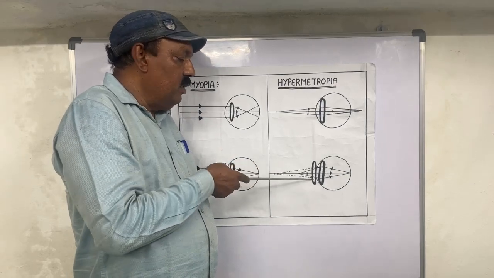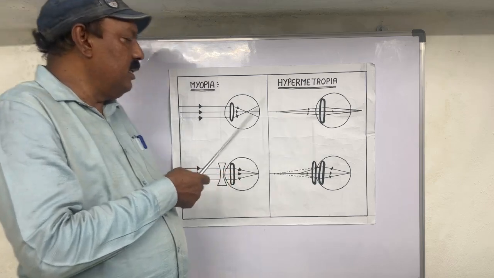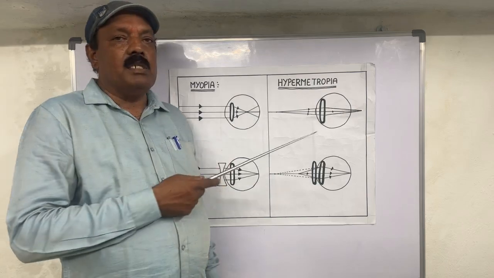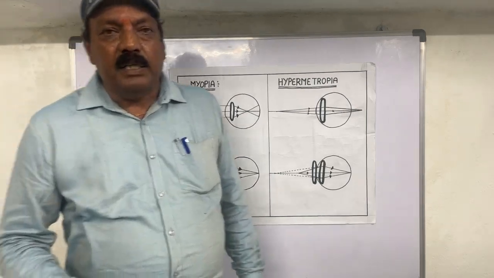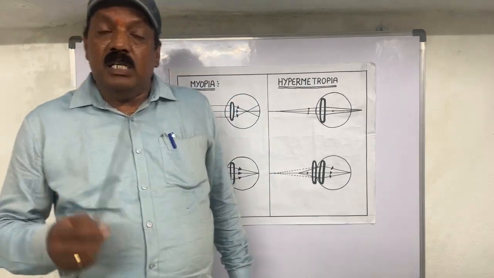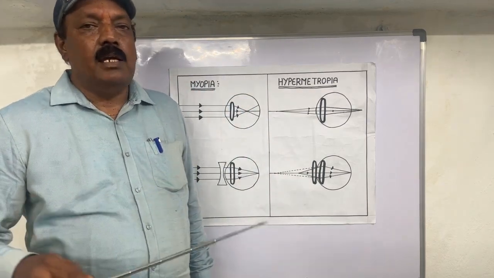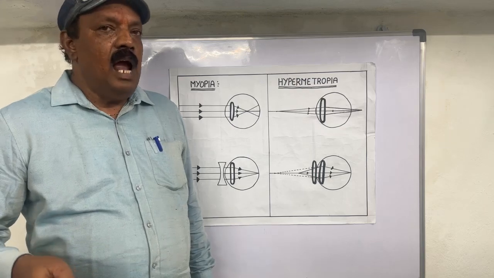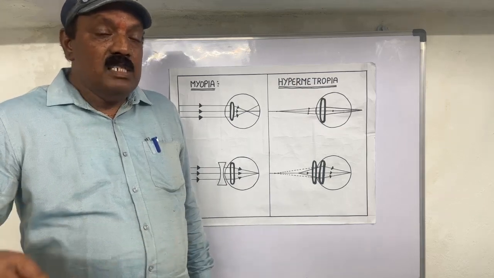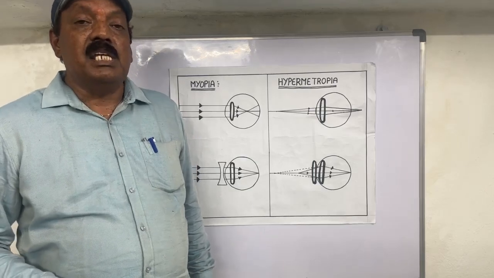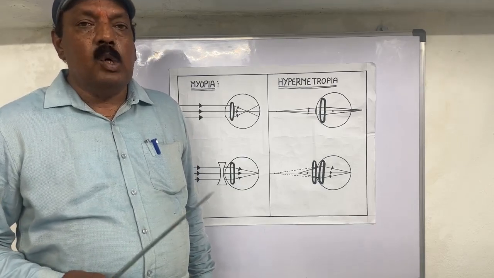And one more defect is the person who is unable to see clearly the near ones and far ones. The far ones and near ones also he can't see properly, which means the person is having presbyopia. Presbyopia means he cannot see near ones properly, and he can't see the far ones properly either.